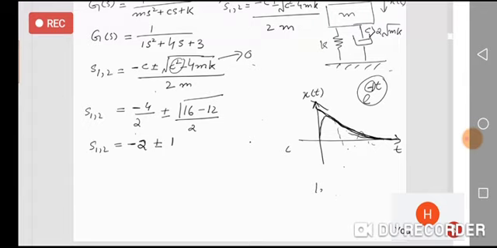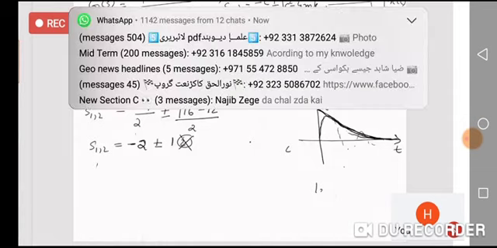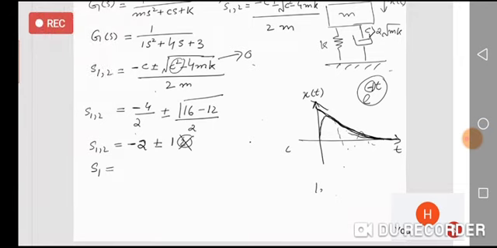But there is no iota because 16 is greater than 12, so when you solve the radical you get a positive value, without any iota. So our first root S1 will be equal to minus 2 plus 1, which is equal to minus 1, and the second root will be equal to minus 2 minus 1, equal to minus 3.